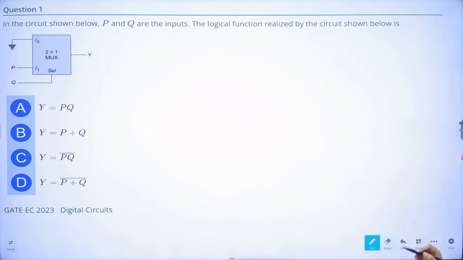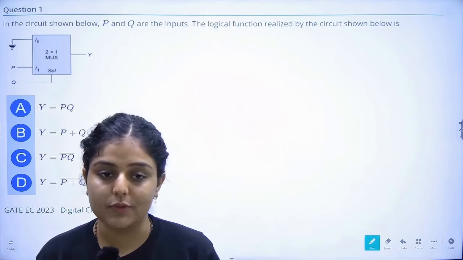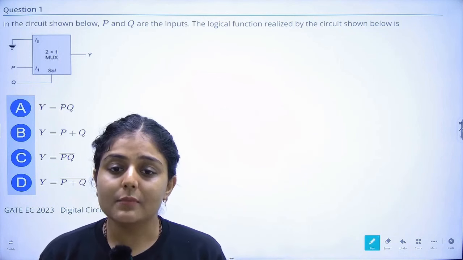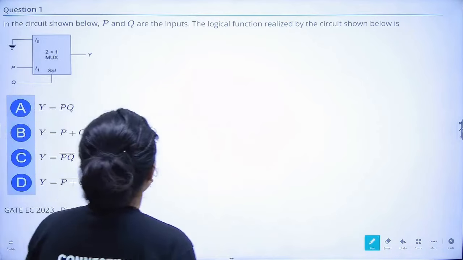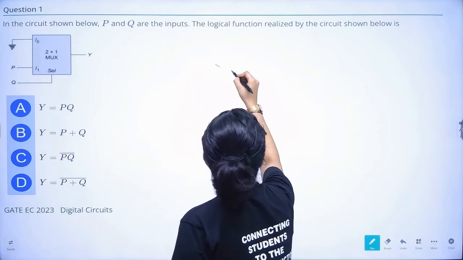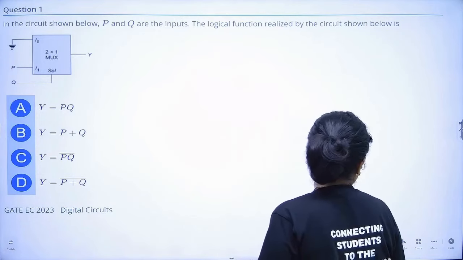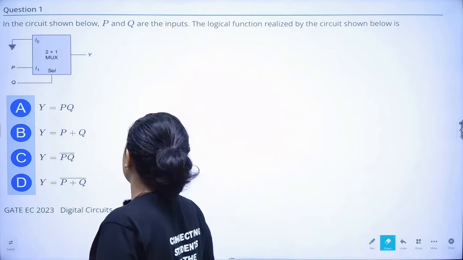So let's move to the question. Question 6: the logic realized by the circuit below is? So we have the multiplexer given.